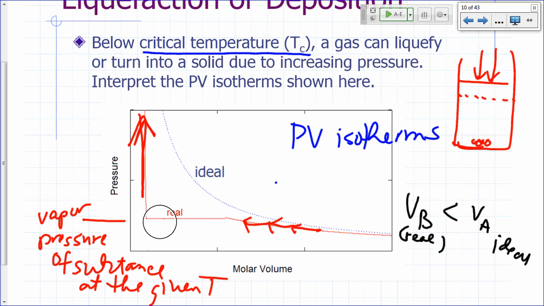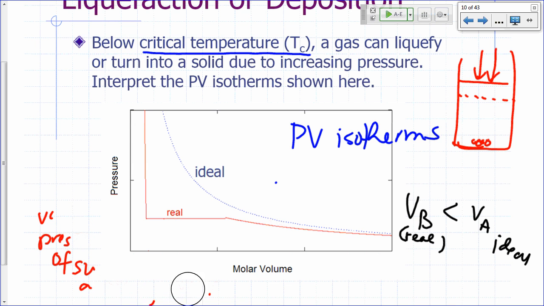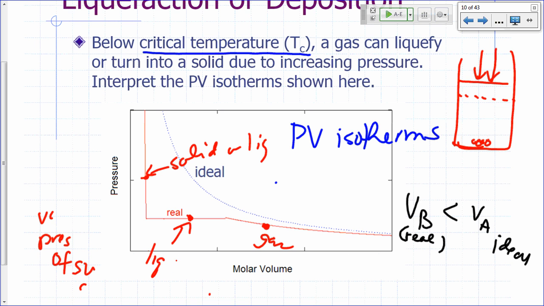On this diagram, a point on this curve would represent a solid or a liquid. A point on this curve would be a gas. A point here would represent what? A condition where you have a liquid and a gas, or a solid and a gas, in equilibrium at the same time.